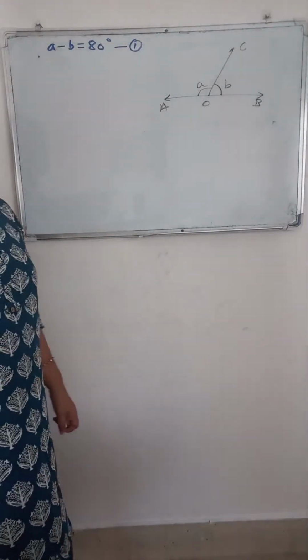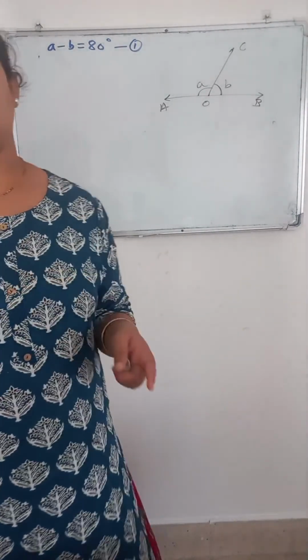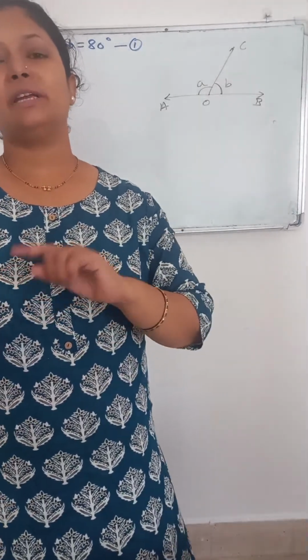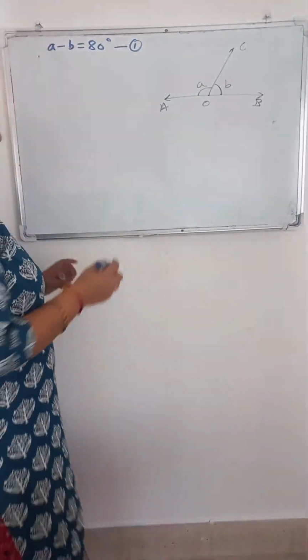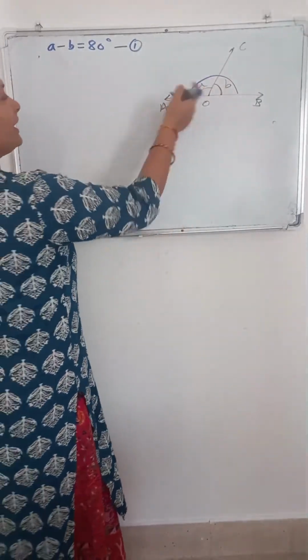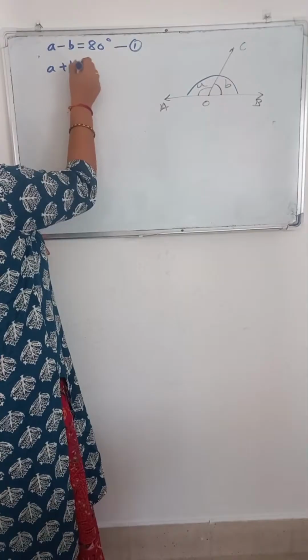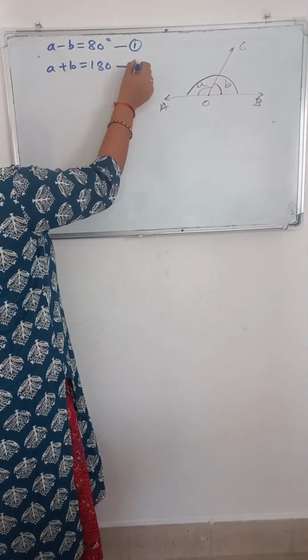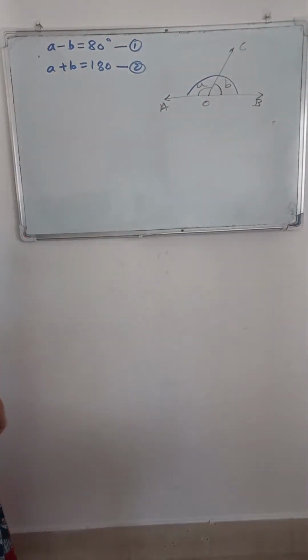Even they are saying AOB forms a line, and we know that the straight line angle is 180 degrees, so here A plus B we will get as 180 degrees. So this is my equation number 2.